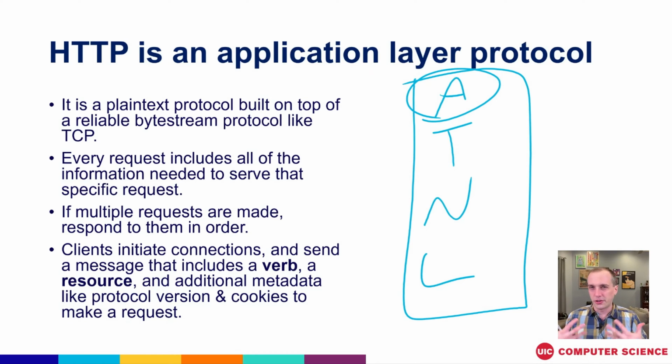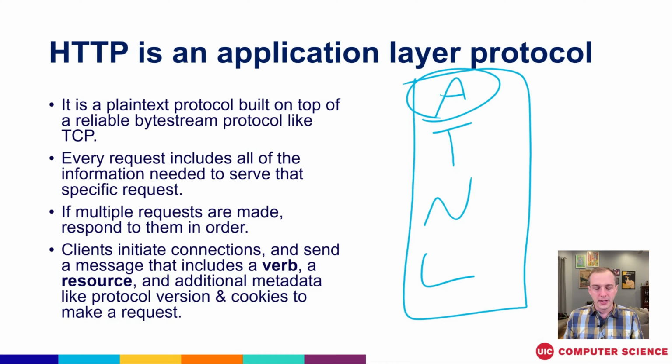And finally, just to get through the other important fundamental aspects here, clients initiate the connection, so they make the connection to the server, as you kind of have to as a client. Then the client speaks first and sends its request data that actually goes through at the application layer. So as soon as I connect, I don't wait for the server to tell me something like, hello. I immediately send my request with all the information needed to service it.